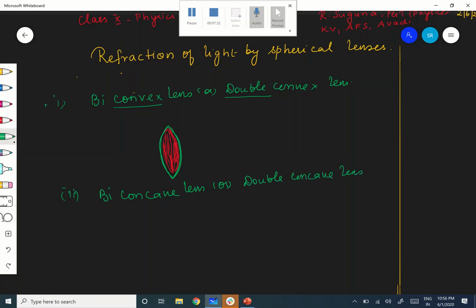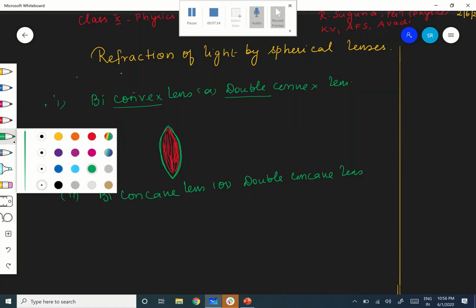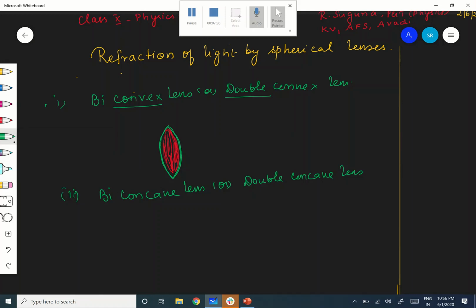Both the surfaces are concave. This side is concave, this side also concave. In between, there is a transparent medium.